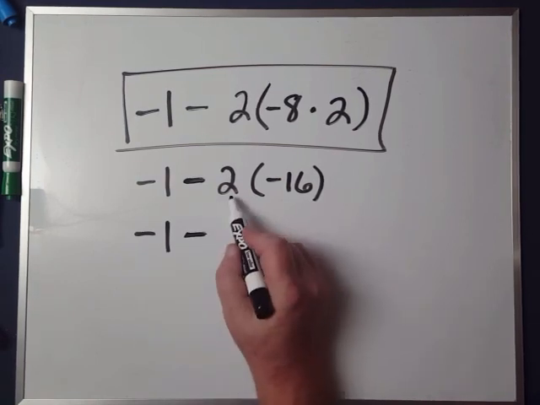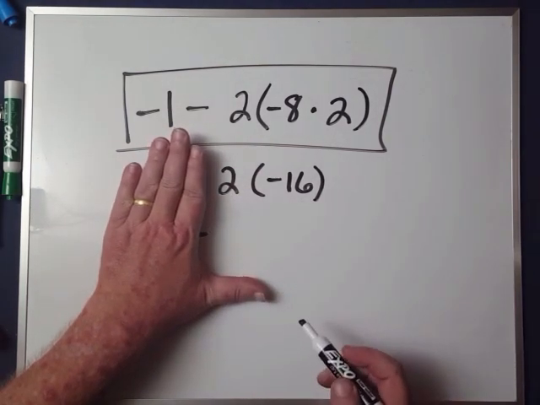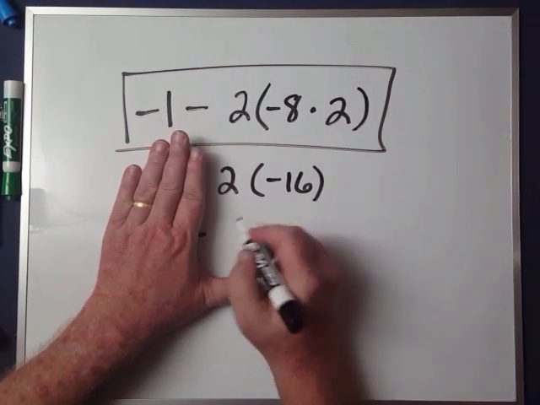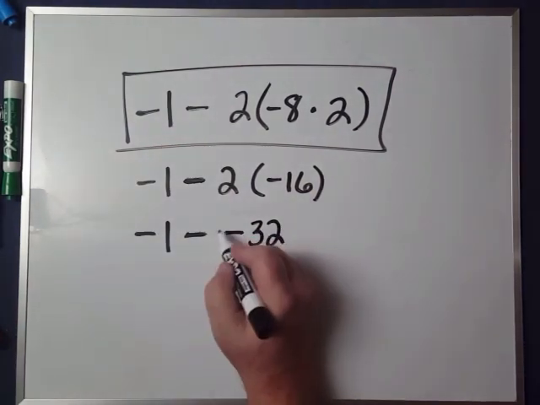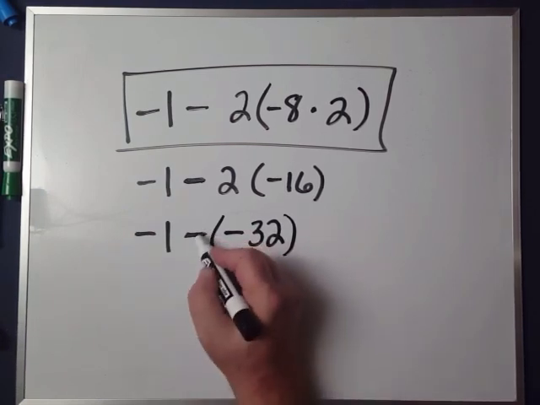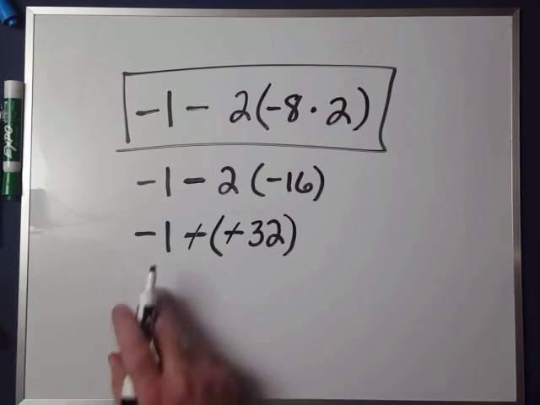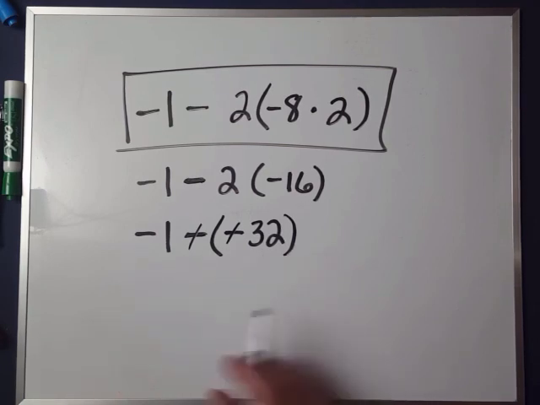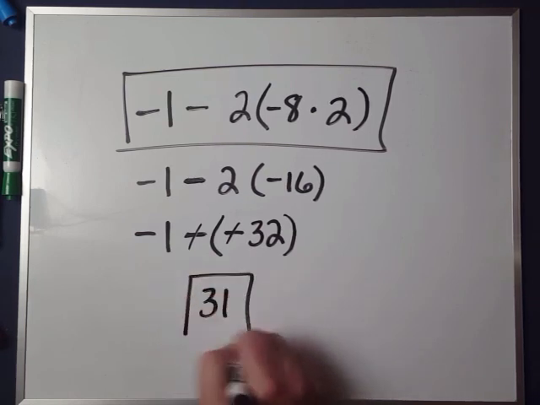And I'm now multiplying simply this positive 2 times that negative 16, which is going to give me a negative 32. So we're subtracting a negative 32, which is what? The same as adding a positive 32. Negative 1 plus 32, well, that's the same as just 32 minus 1, 31.